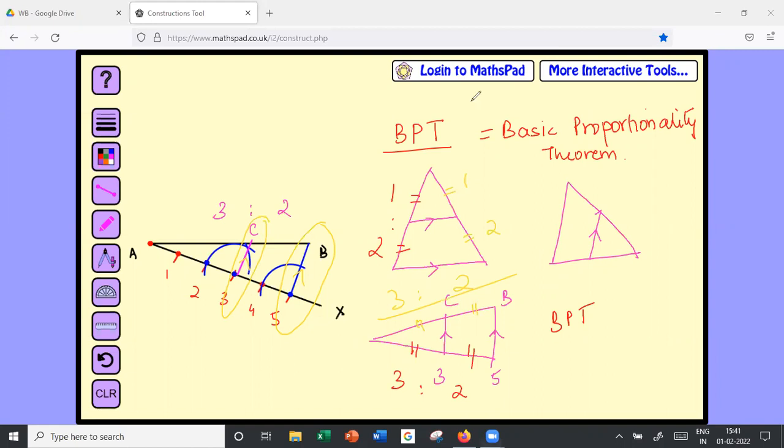What does it state basically? Do you want me to write the statement of the Basic Proportionality Theorem here? If you don't remember, I'll do that.